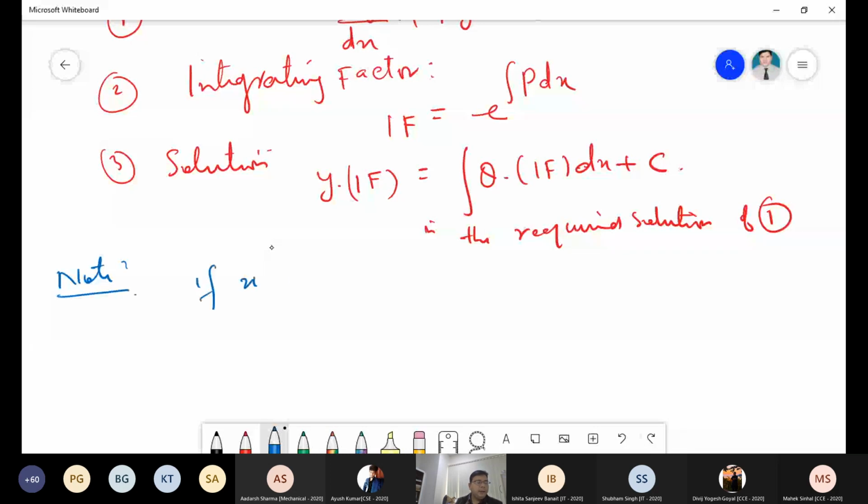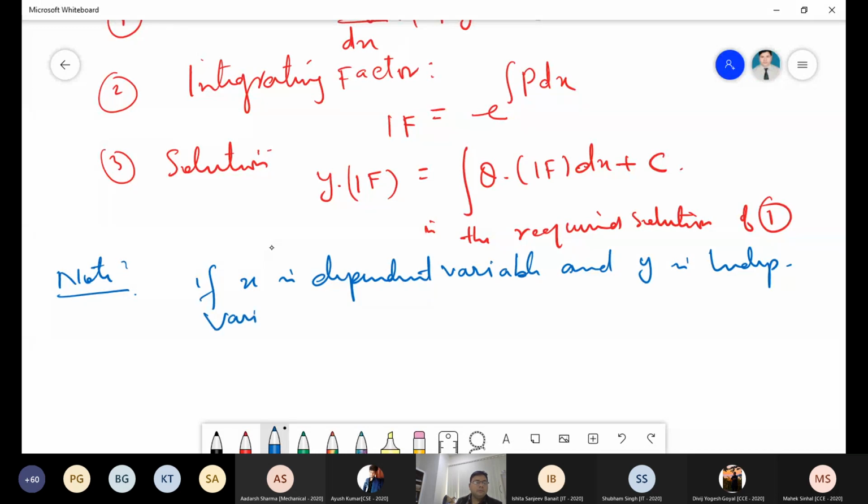If x is the dependent variable and y is the independent variable, the differential equation is dx upon dy plus P dash x equals Q dash.